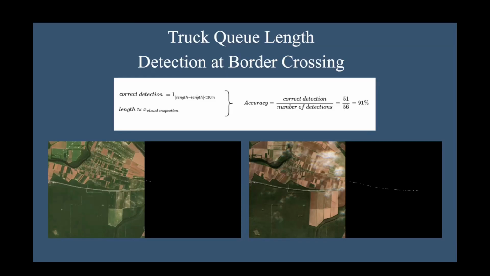So we tried to make an algorithm that will be adaptive in different unpredictable scenarios. And the metrics regarding this algorithm, as you can see, are better than the previous one. So the queue is detected well.